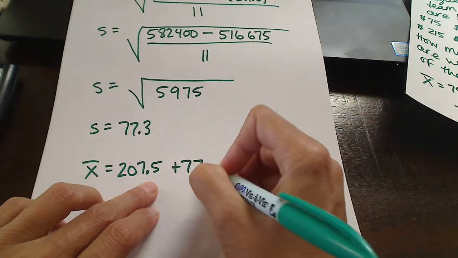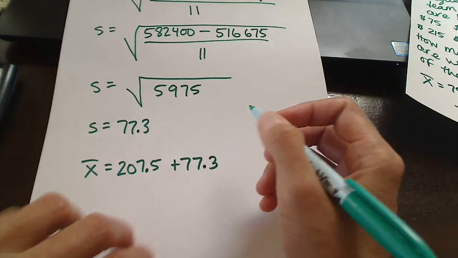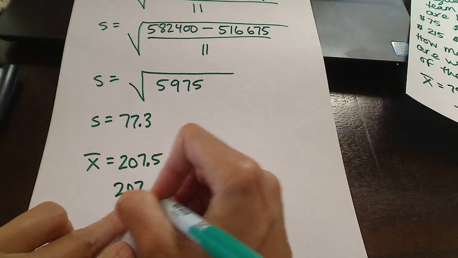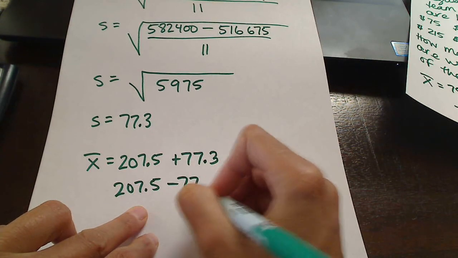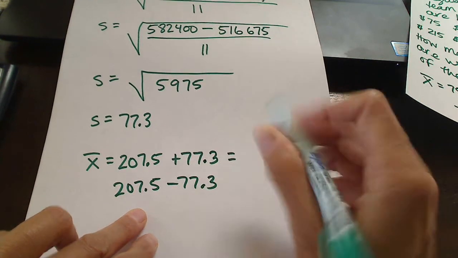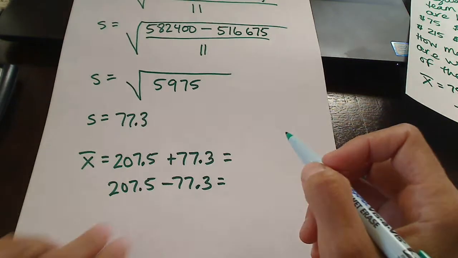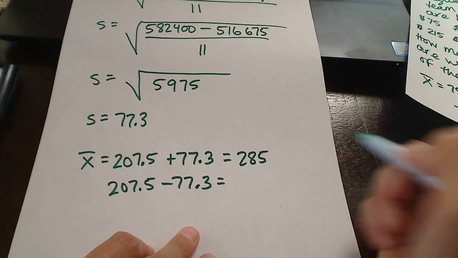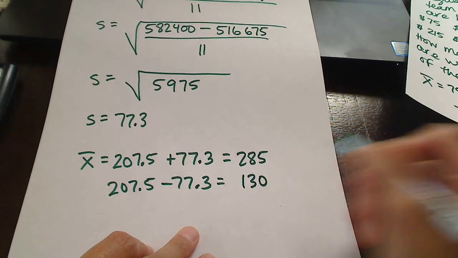So I'm going to go ahead and add 77.3 to 207.5, and then I'm going to take 207.5 and subtract 77.3. Okay, when we do that and round, we get 285 up here, and down here we get 130.